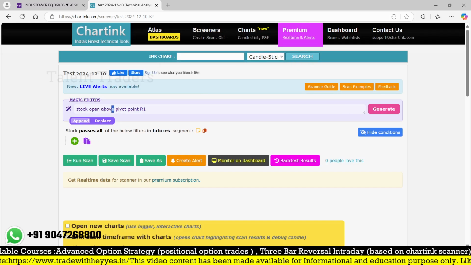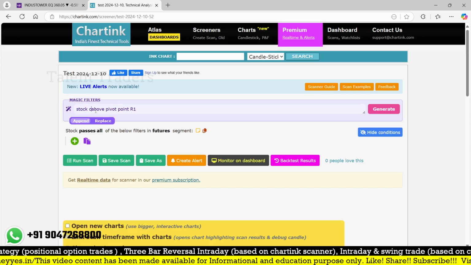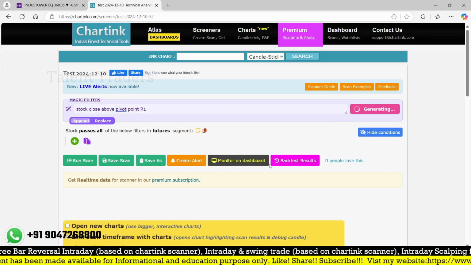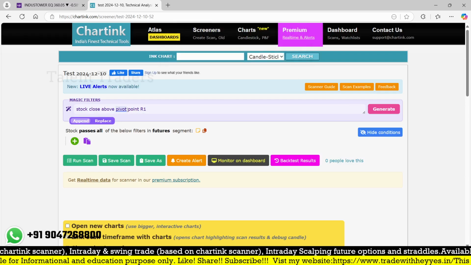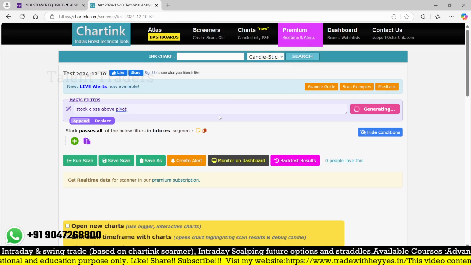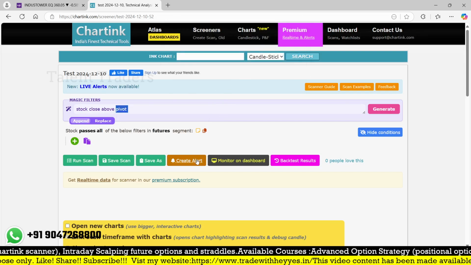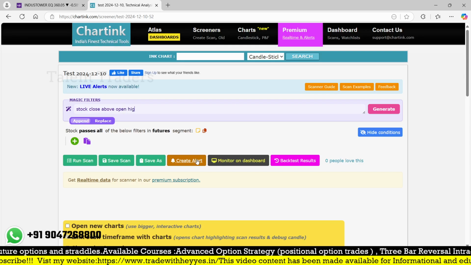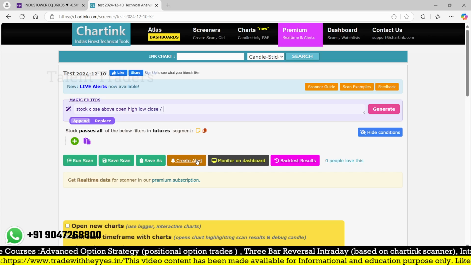Okay, stock close above R1, close above pivot point R1. That's not working. So you have to try, and it supports only some basics. I think, yeah, that is stocks close above open, high, low, close, divide by 3.